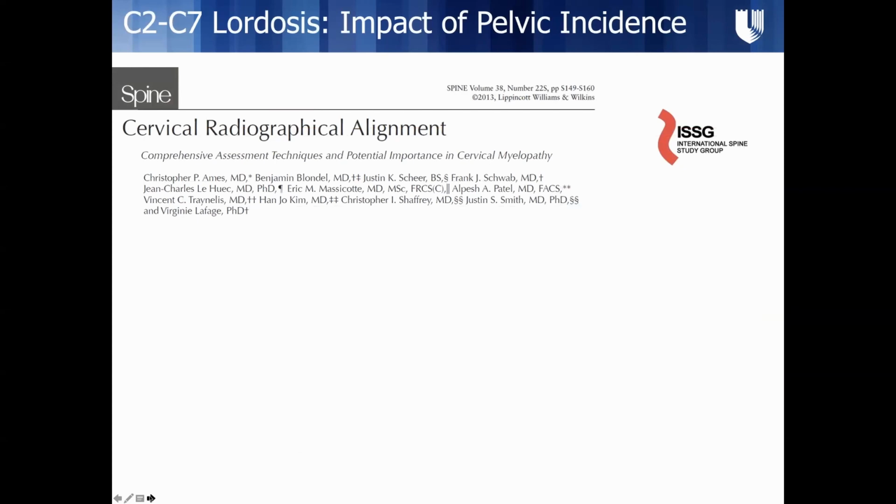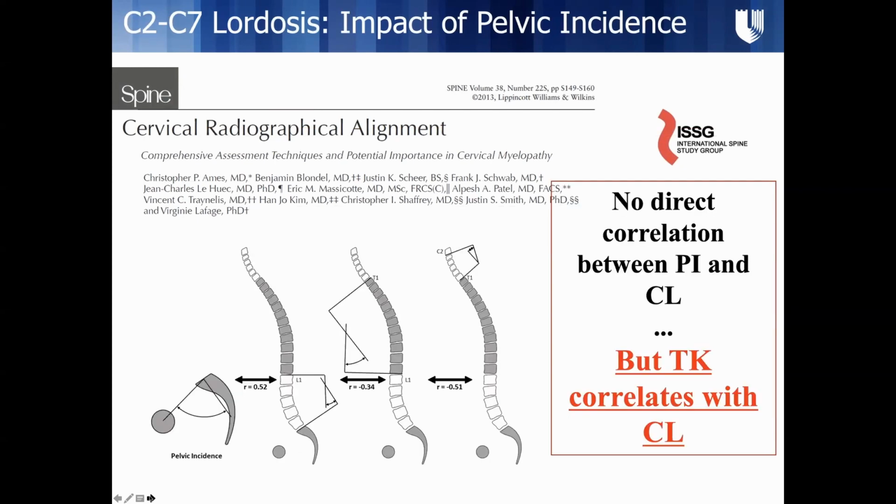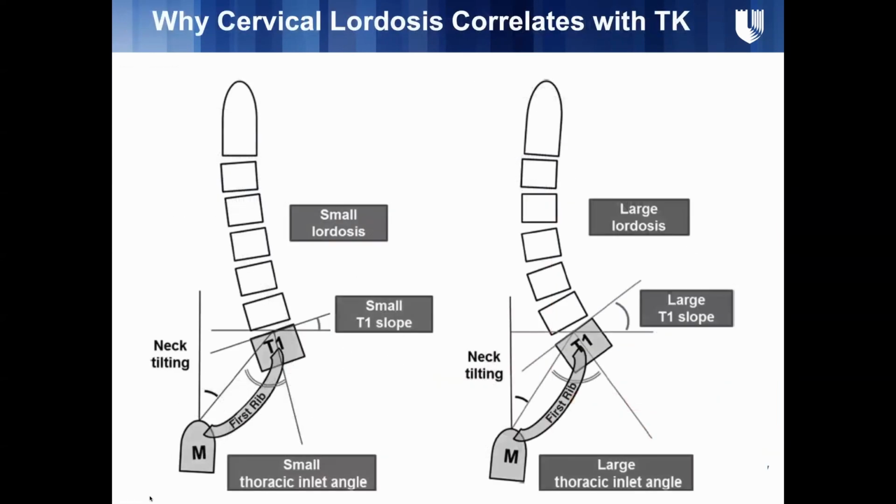Now, there's an interplay between the cervical spine, the thoracic spine, the lumbar spine, and it's been shown, however, the greatest correlation is the correlation between thoracic kyphosis and the amount of cervical lordosis that is present. And this is due to the fact that the T1 slope serves as a similar structure as the sacrum does for the thoracolumbar spine.